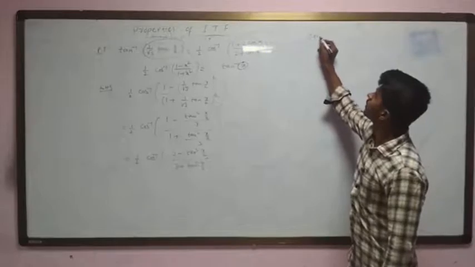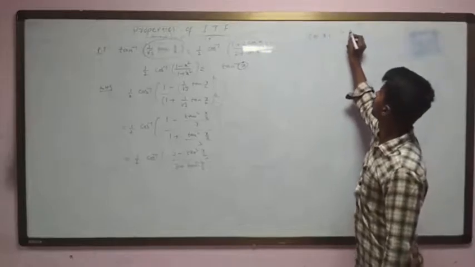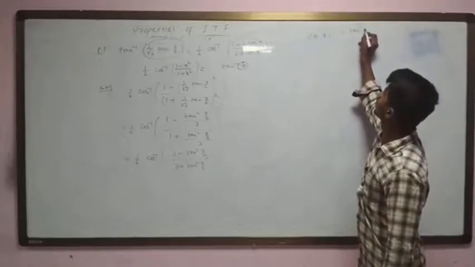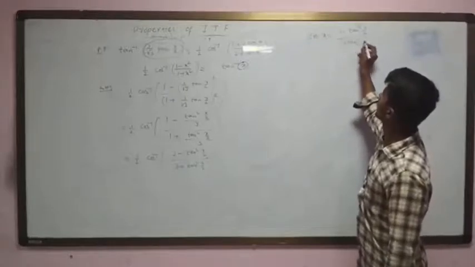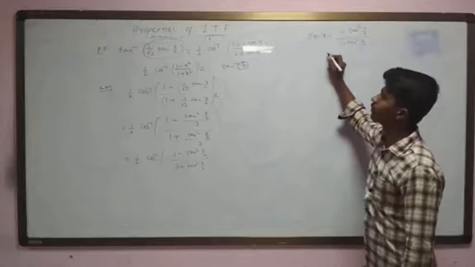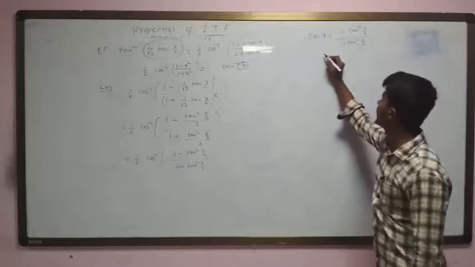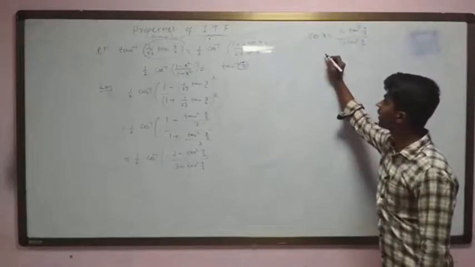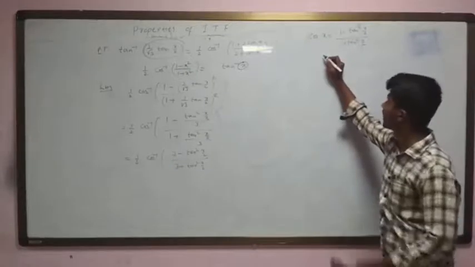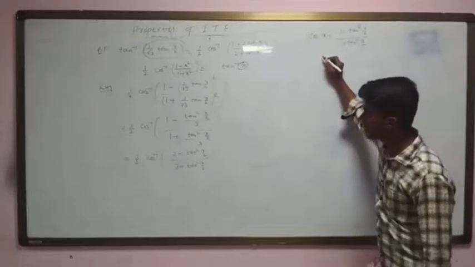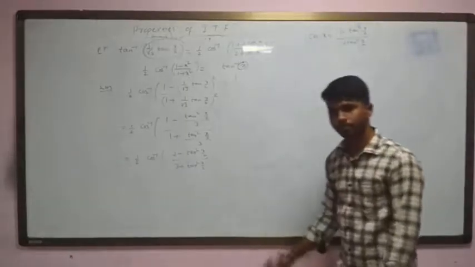Cos x can be written as 1 minus tan square x by 2 by 1 plus tan square x by 2. Now I have to replace tan square x by 2, but I'm not finding anything, so I simplify in terms of cos and sine.